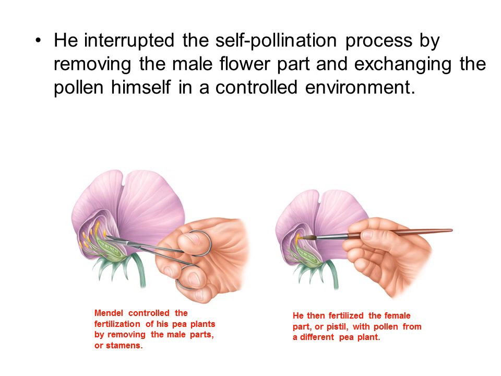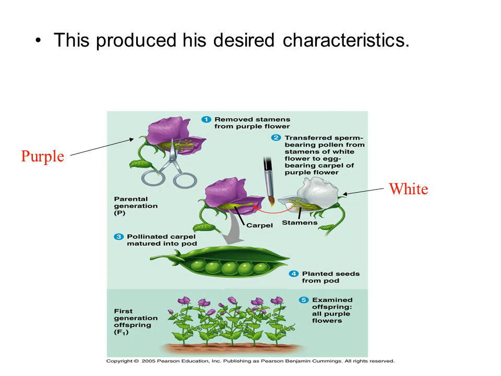He interrupted the self-pollination process by removing the male flower part and exchanging the pollen himself. This is the control of breeding. This produced the desired characteristics that he wanted.